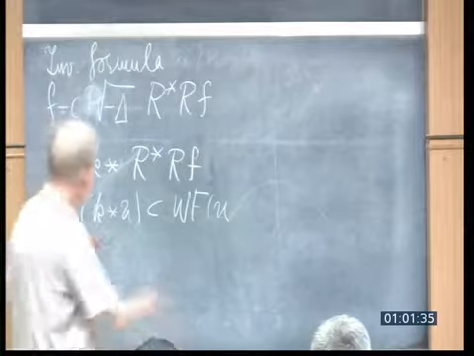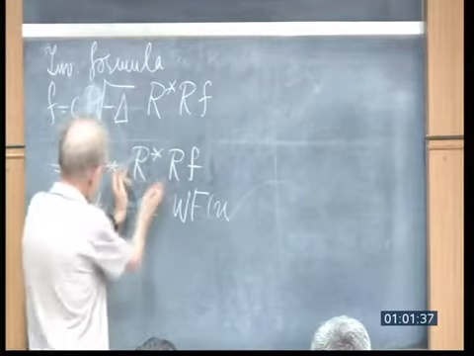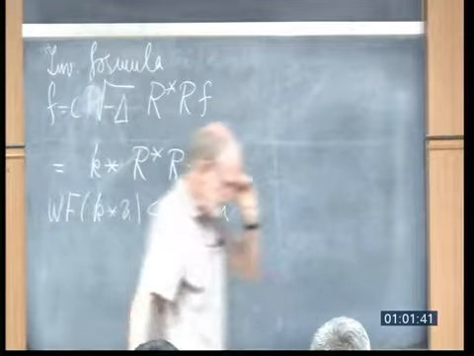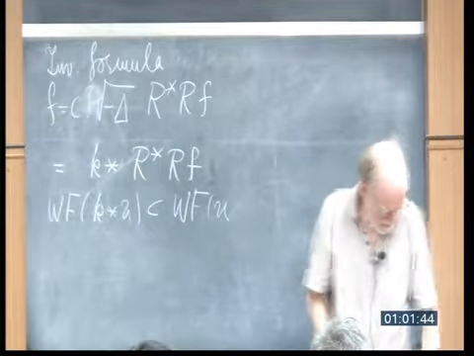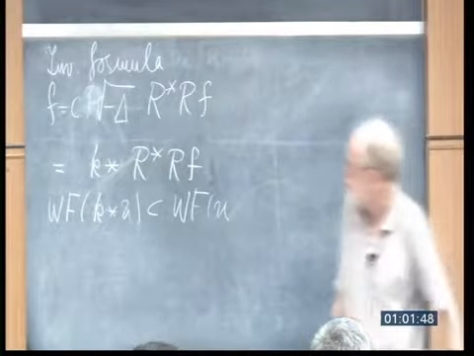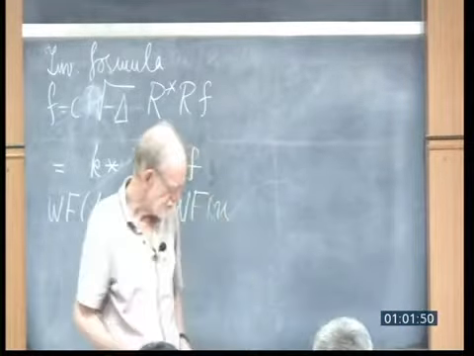So it's easy to understand that there is the same inclusion for R star as the one we've been discussing for R. Therefore, we have equality.